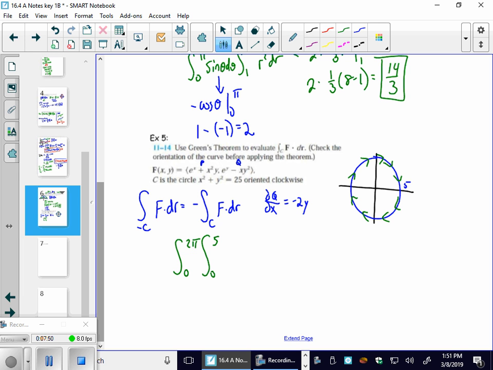And then dP/dy is the derivative of P with respect to y, so the e to the x part goes away, and it looks like we're just going to get x squared.